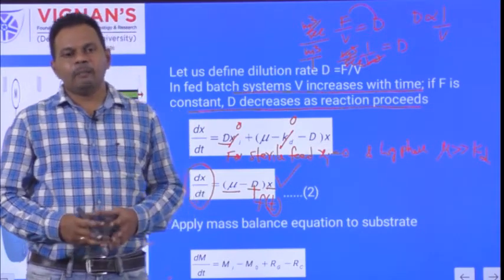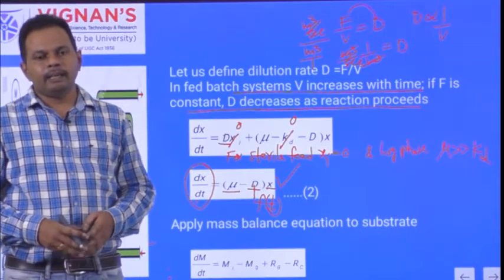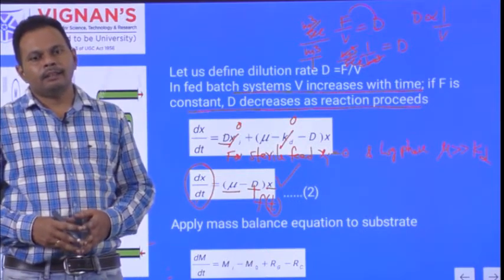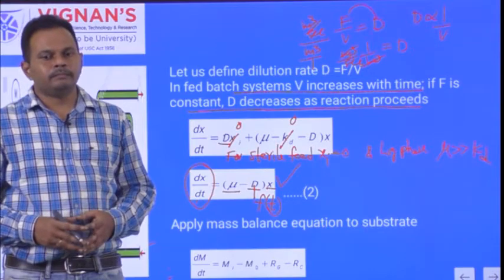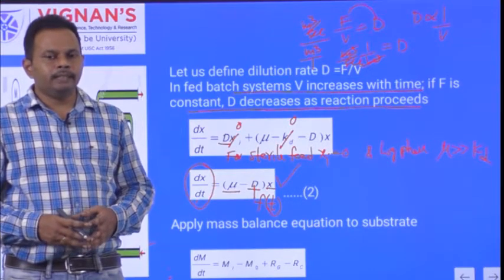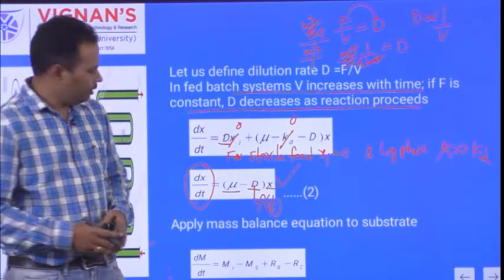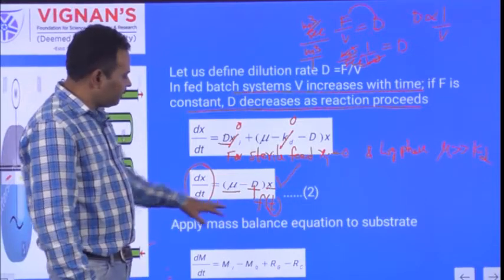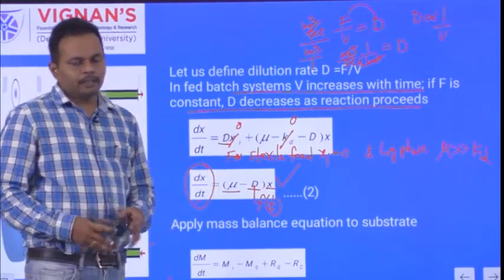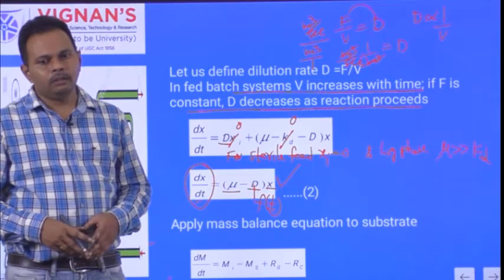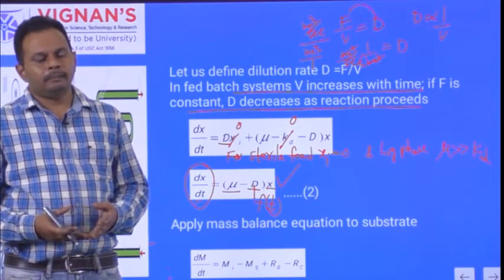Why? Because complicated equations will come. Because on both sides we have the time variable. That is, whenever the dependent variable varies with the independent variable, here the time variable, the independent variable is there on both sides. It's very difficult to solve this equation in a differential manner.